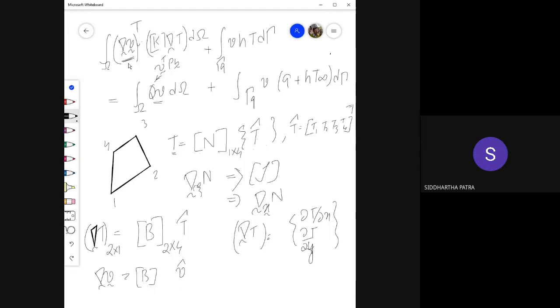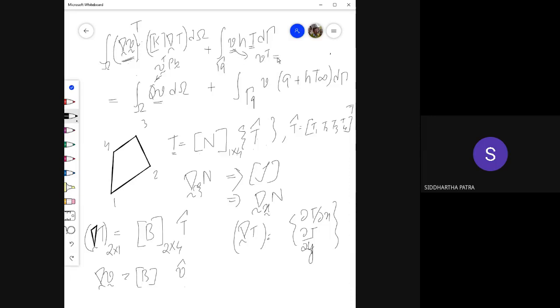So you can substitute for V transpose over here, and wherever you see V, for example here you see V times h times T, wherever you see V alone, not with the gradient, you can think of V to be V transpose.